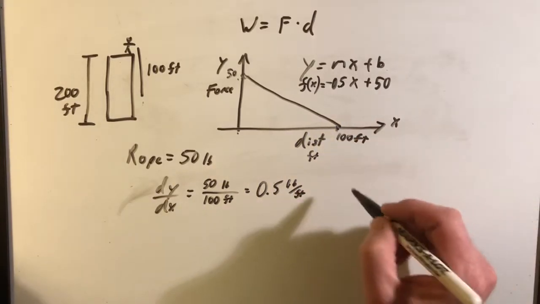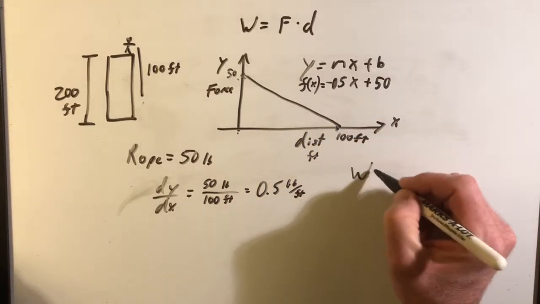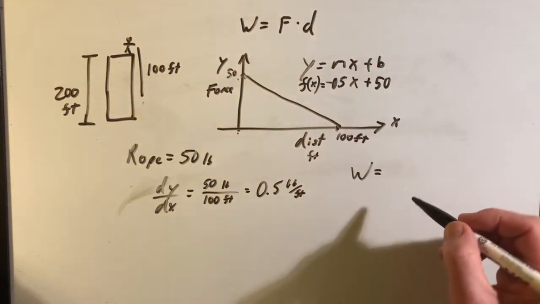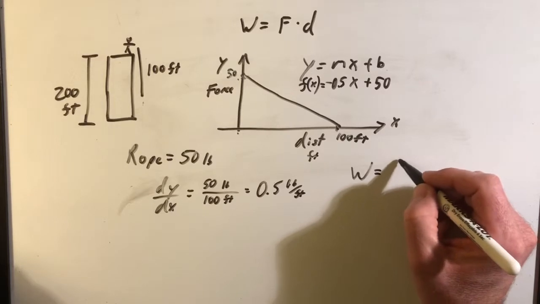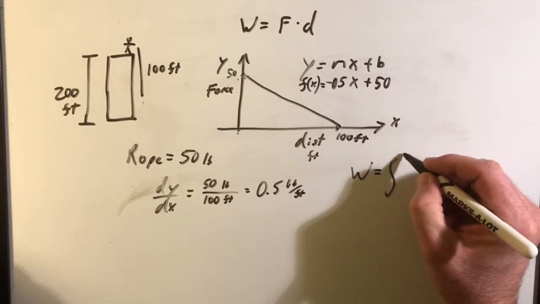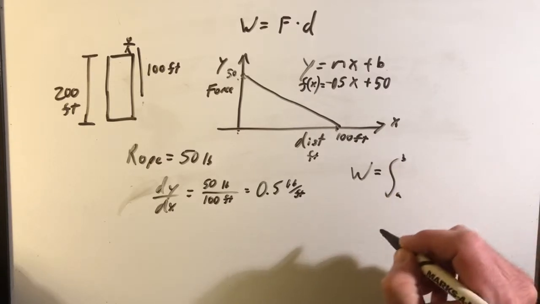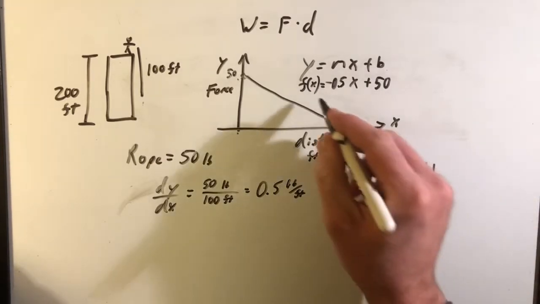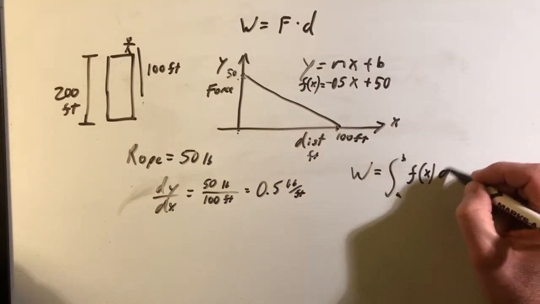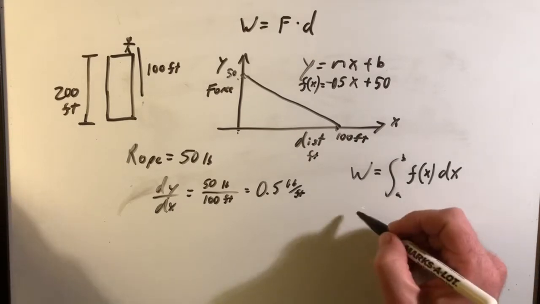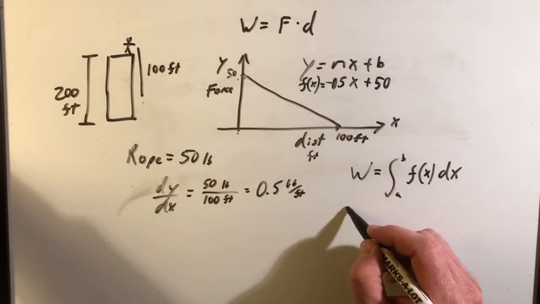Now if you remember, how do you calculate work when you have a varying force? It's going to be the integral from a to b of the function for force, dx.